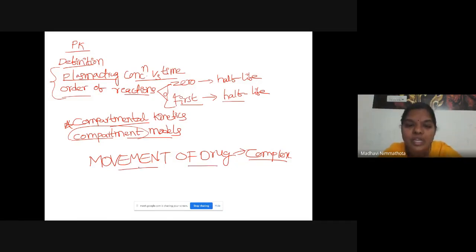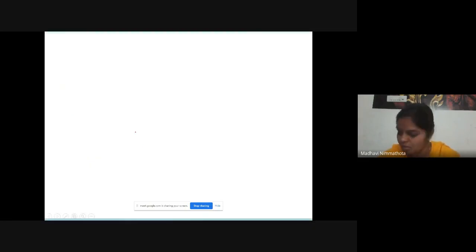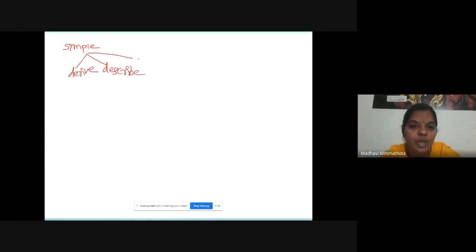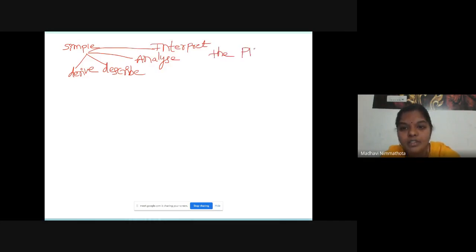So you need a simple method to describe, analyze and interpret the pharmacokinetic data.